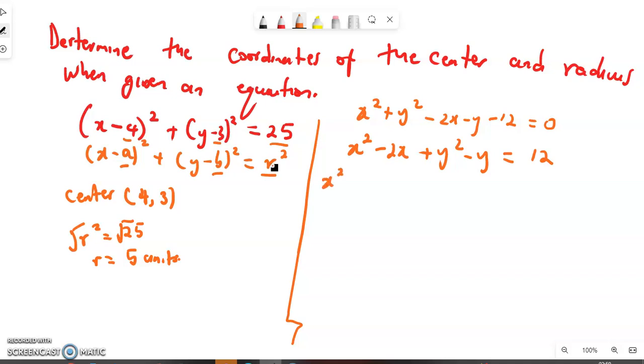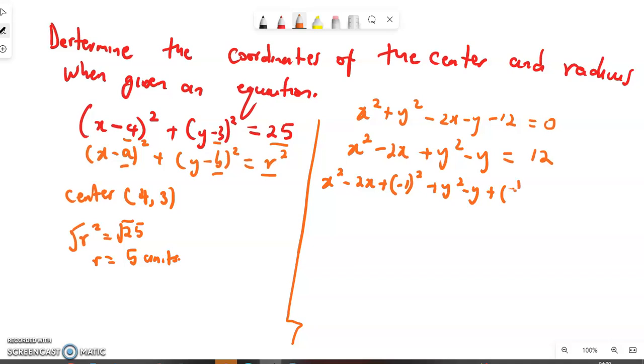It's going to be x squared minus 2x plus, we find the half of negative 2, which is negative 1, then we square it, plus y squared minus y plus the half of negative 1, which is negative half.